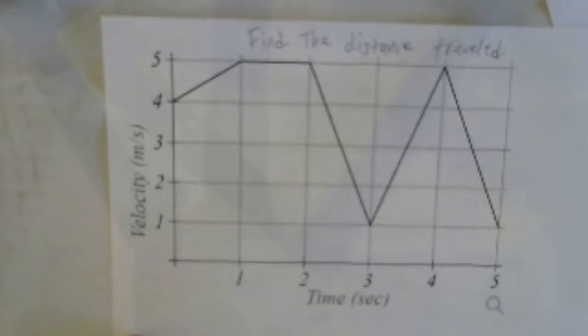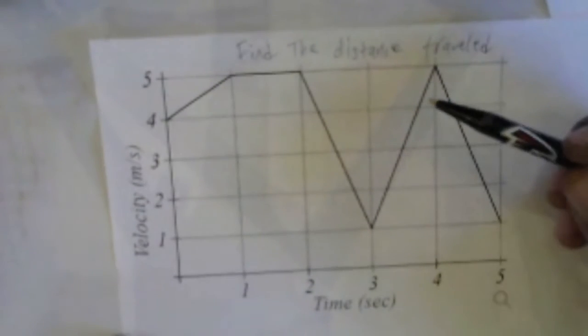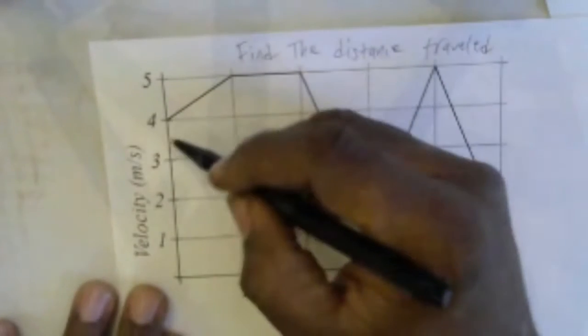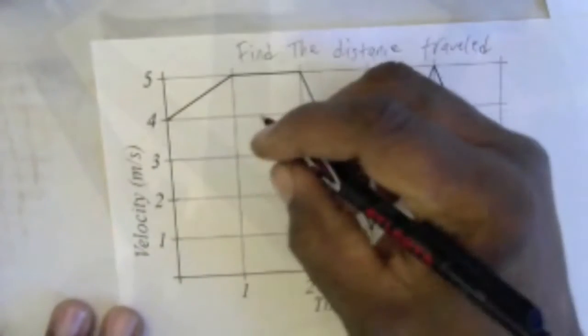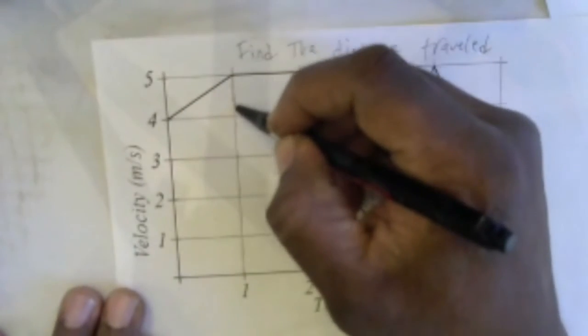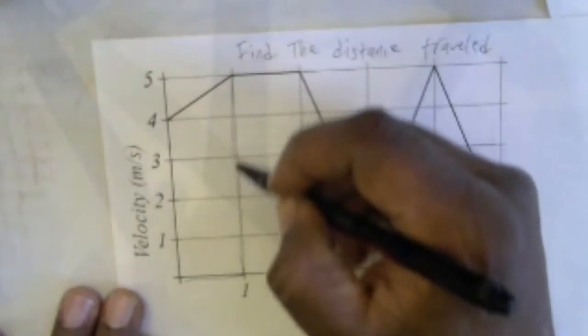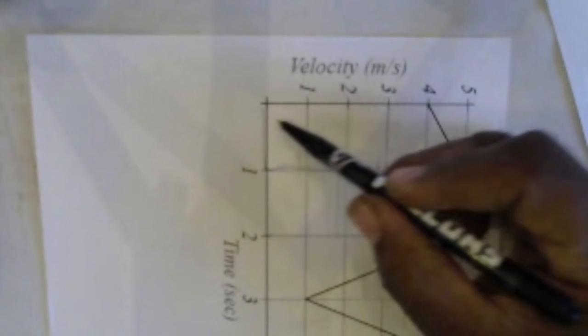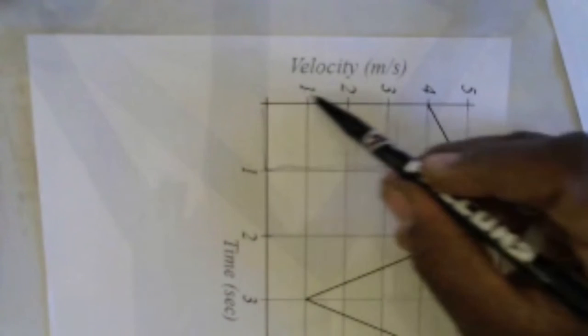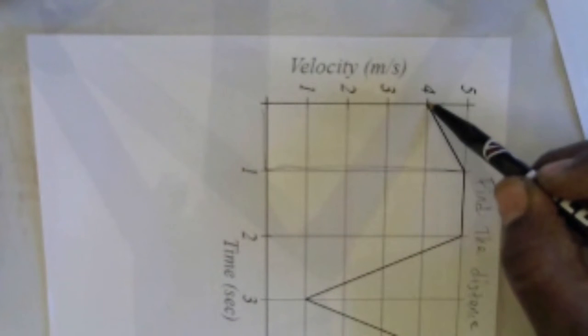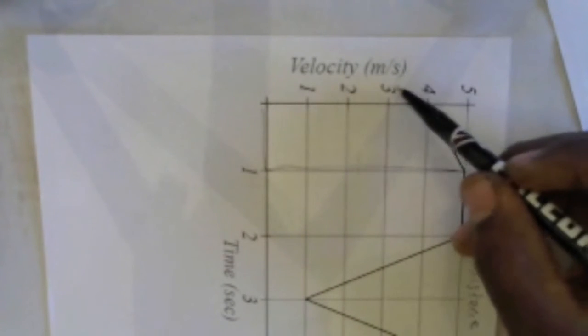All right, so I'm actually going to use that here. If I look at my first figure, this is actually a trapezoid. If I turn it on its side, this would be my little base, which would have a length of 4.